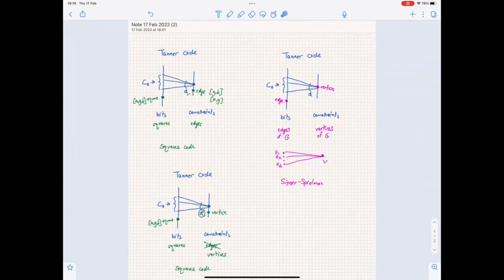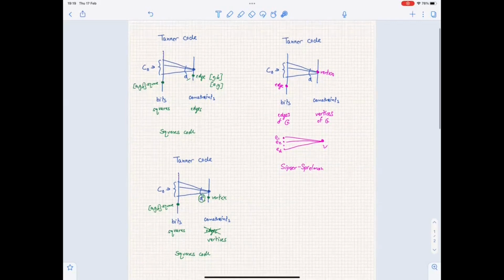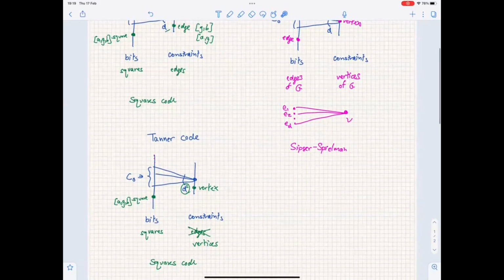Whereas here, we know that there's a lot of dependency in our code, because this vertex checks constraints around all of the edges that touch it, but other vertices also check those constraints because they also look at these edges. And there's more dependency because tensor codes themselves have some redundancy.